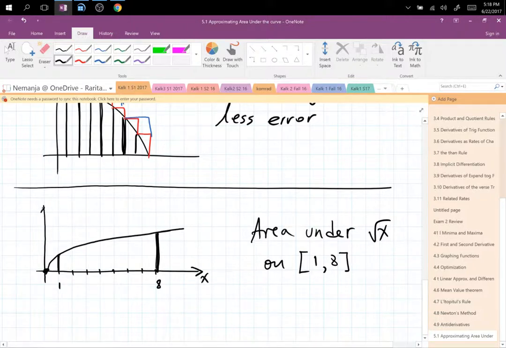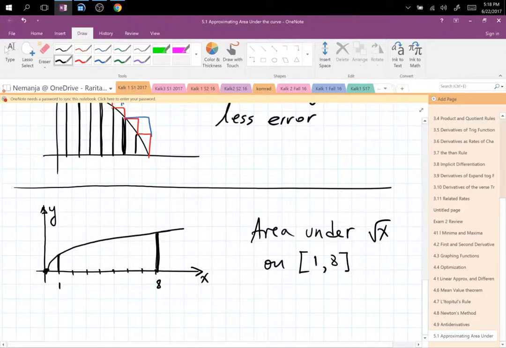Remember that you can put any amount of rectangles in there. How many do you want to put? There is an easy number that we could use. 7, right? If you put 7, every delta x is 1.